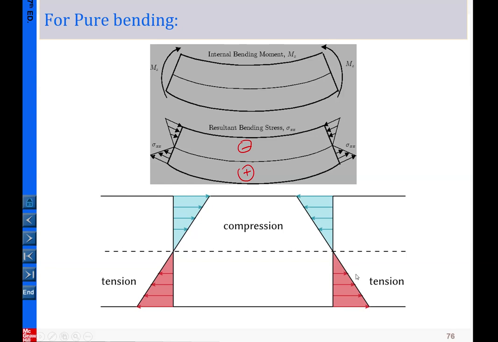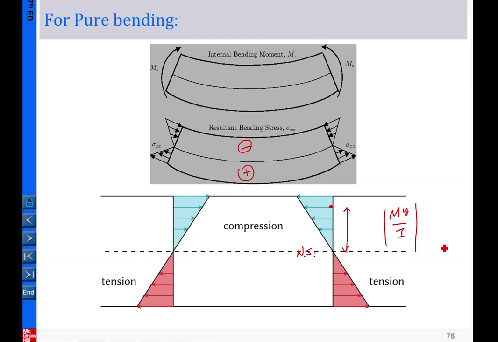Furthermore, in terms of quantification, you should know how to calculate the bending stress, which is the magnitude My over I. M is the given bending moment. Y, for example, if you want to calculate the stress at the point here, is the distance measured from the point to the neutral surface. I is the moment of inertia of the cross section about the neutral axis.